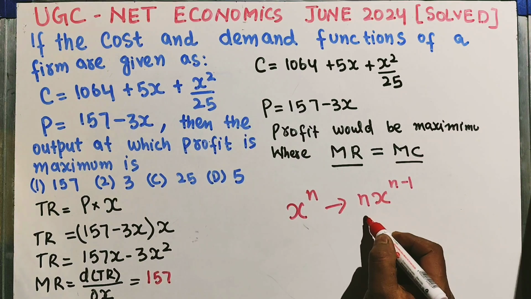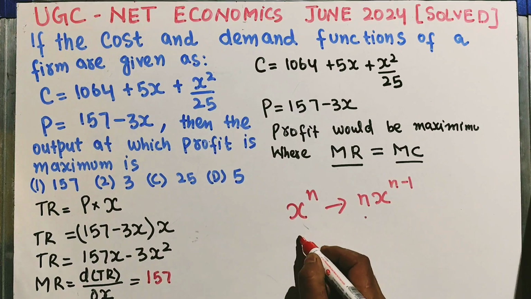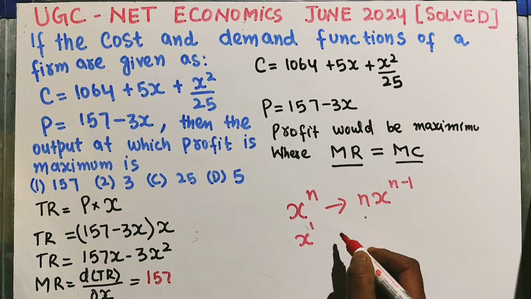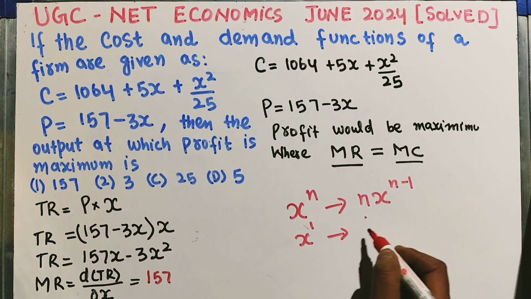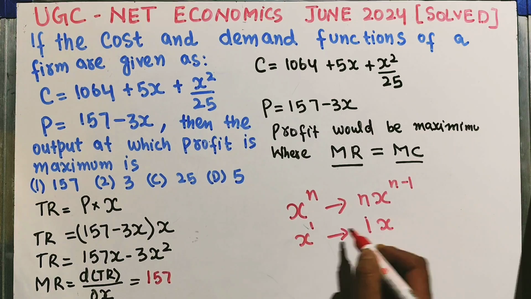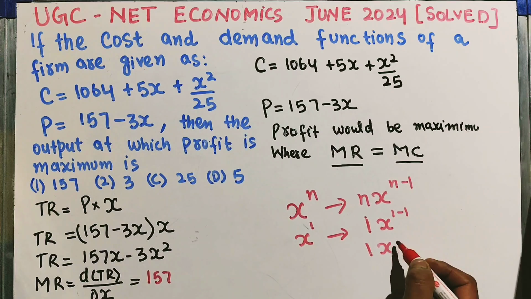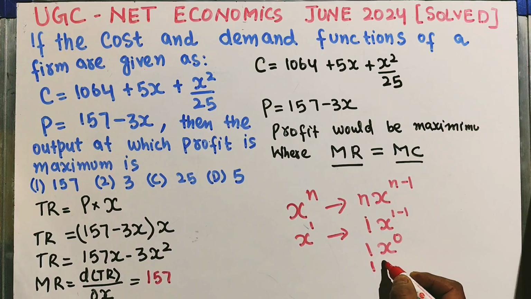In this case we have only x, so its power is 1, so it becomes 1 times x raised to the power 1 minus 1, which is 0. We know anything raised to the power 0 is equal to 1, so we have 1 into 1, which comes out to be 1.